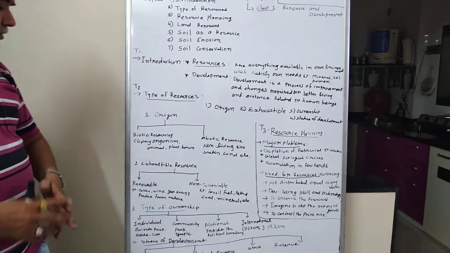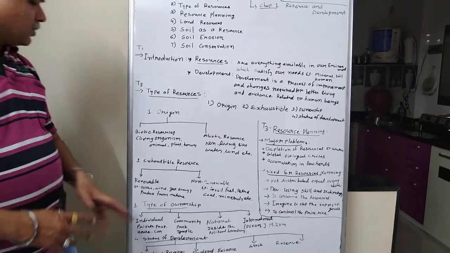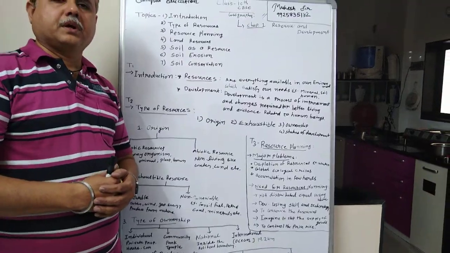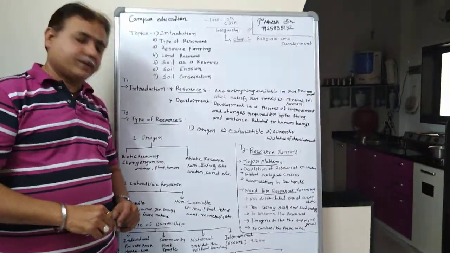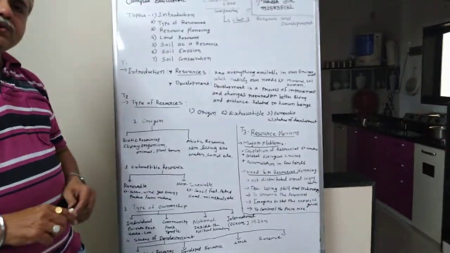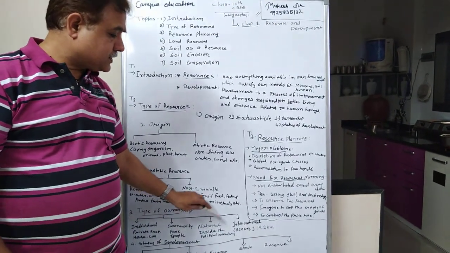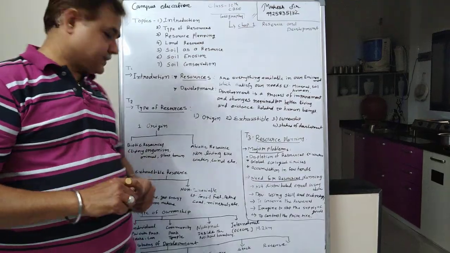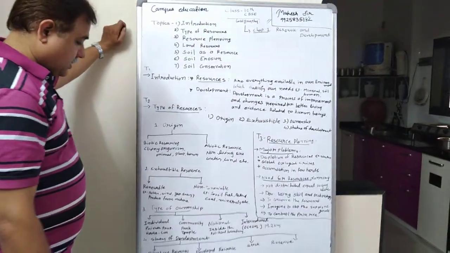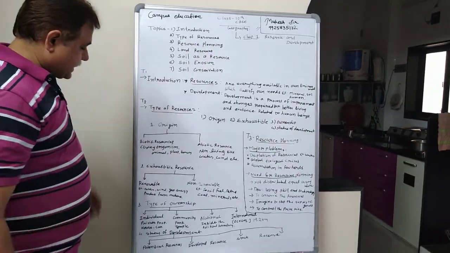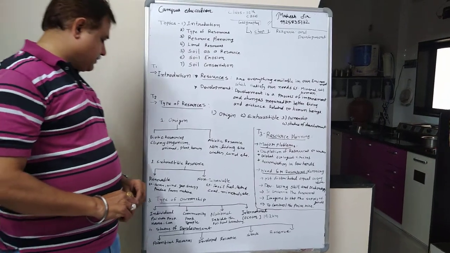Third type of resources is ownership. It is classified in 4 ways: individual resources, community resources, national resources and international resources. First, individual.